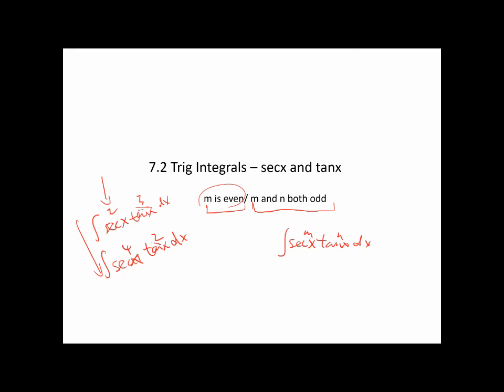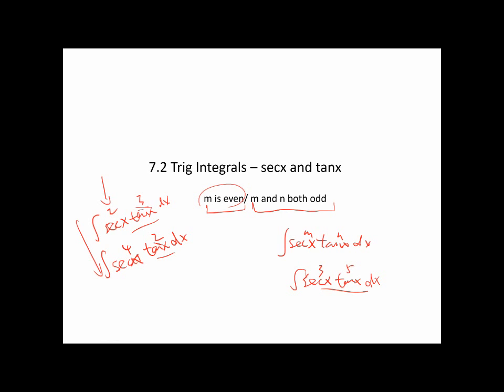Tangent carries cube or square, even or odd, we don't care that much. The second type is when they are both odd numbers, for example, secant cubed tangent fifth. Something looks like this.